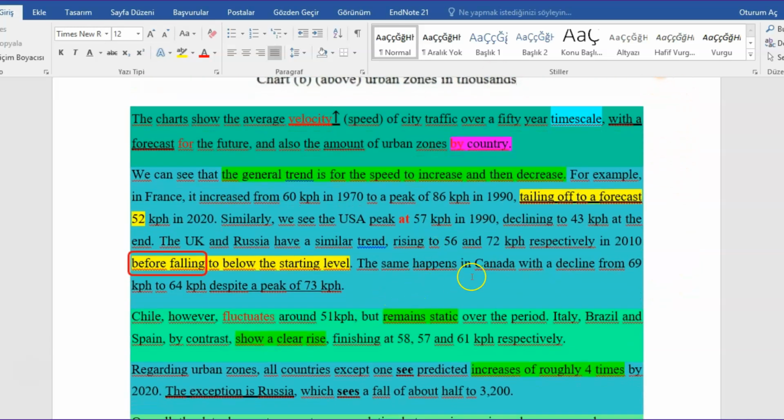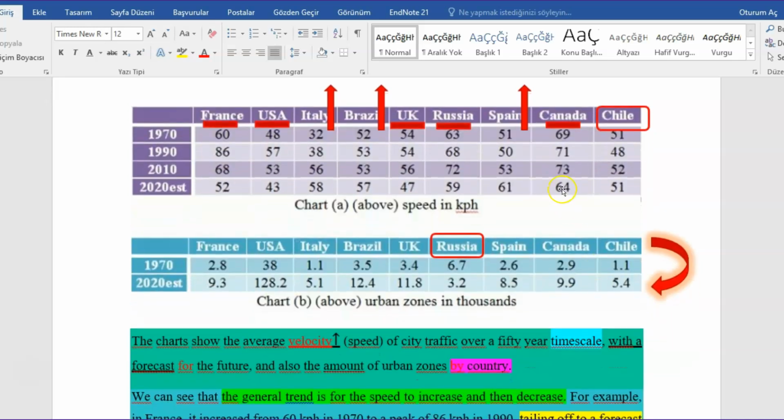The same pattern happens in Canada with a decline from 69 kph to 64 kph despite a peak of 73 kilometers per hour. Again, Canada. What we said here is that we have a decline from 69 to 64 kilometers per hour despite a peak of, we had only one here, a peak of 73.